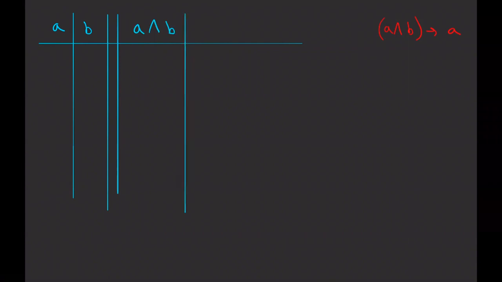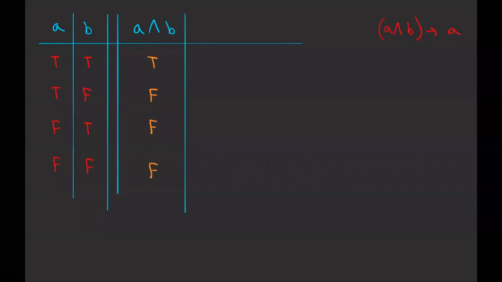Let's do this first. Again, we always start off true, true, true, false, false, true, false, false. So let's do an A and B, which is an and. Since both are true, we have a true. And if there's ever a false, that and ends up being false. Hopefully we remember those truth tables off the top of our heads.